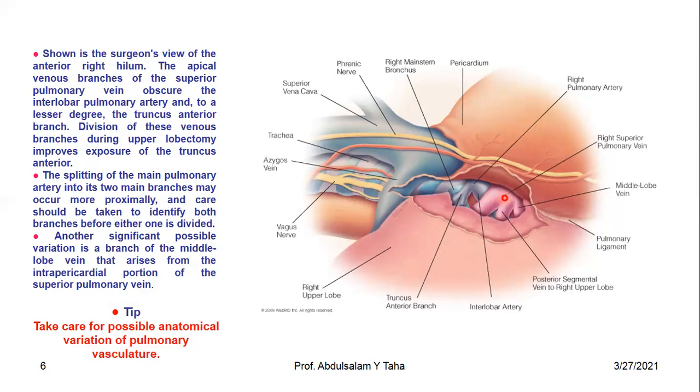The right superior pulmonary vein is located anterior to the pulmonary artery. The right pulmonary artery first gives the truncus anterior branch, which gives segmental arteries to the anterior segment and the apical segment, and then descends in the interlobar fissure to give the remaining segmental arteries to the middle lobe and the lower lobe.